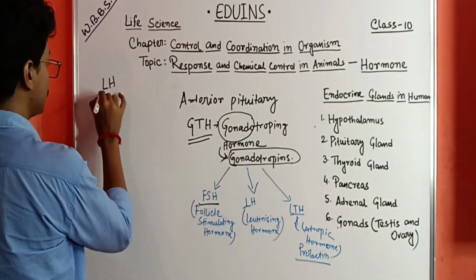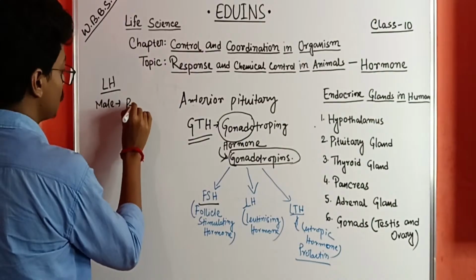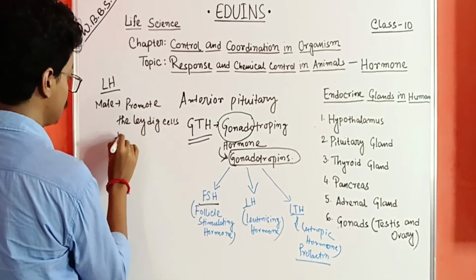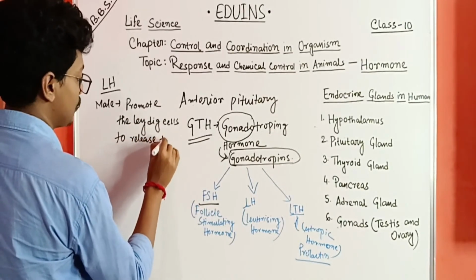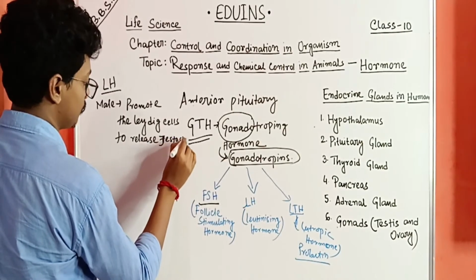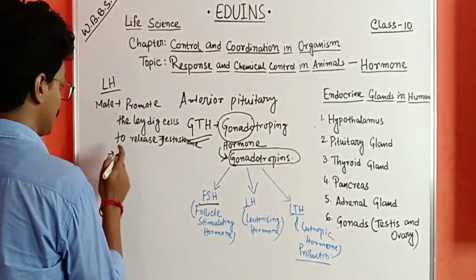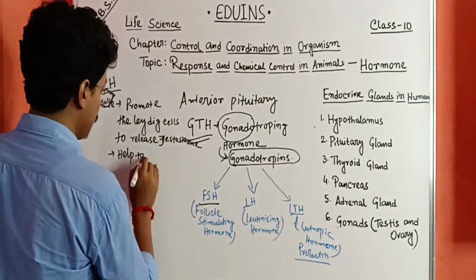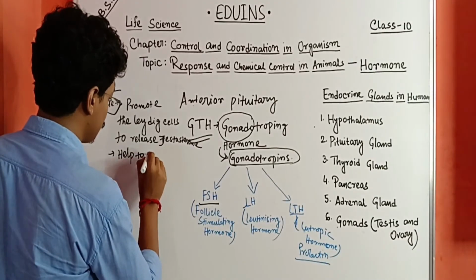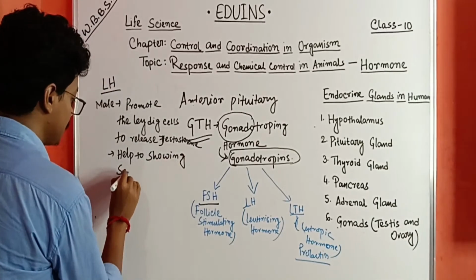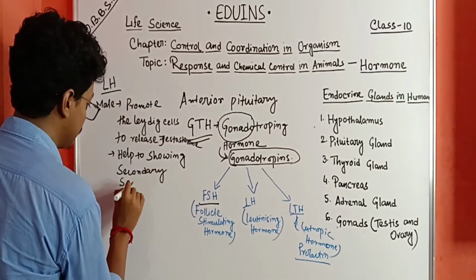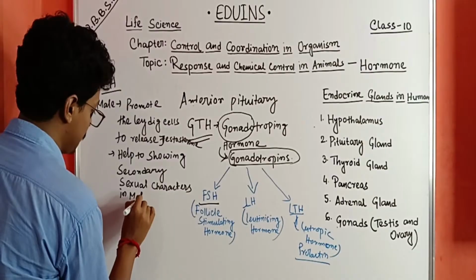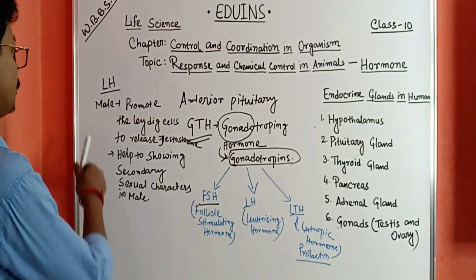So LH in case of male promotes the Leydig cell to release testosterone and helps in showing secondary sexual character in male. Okay, so this is the function of luteinizing hormone in case of male.